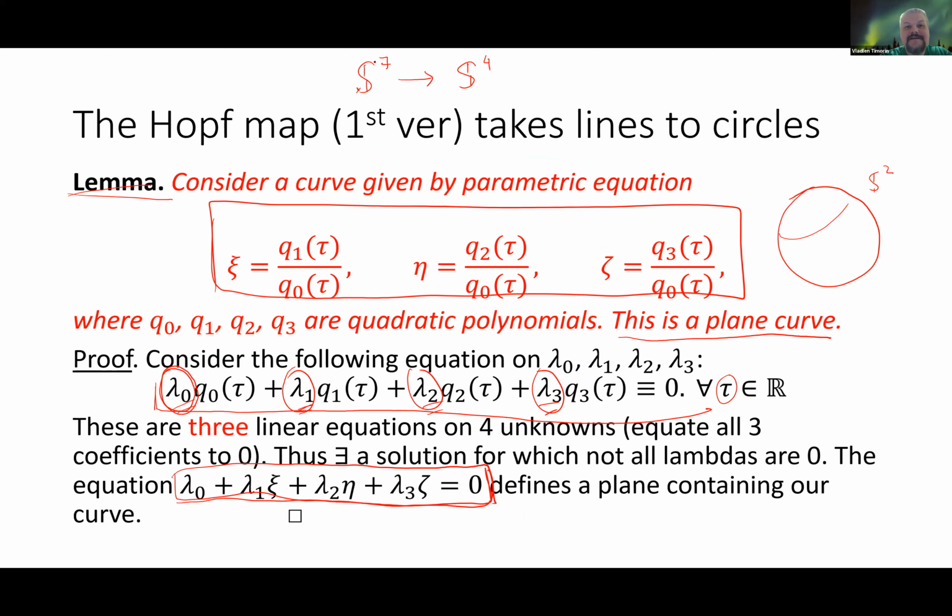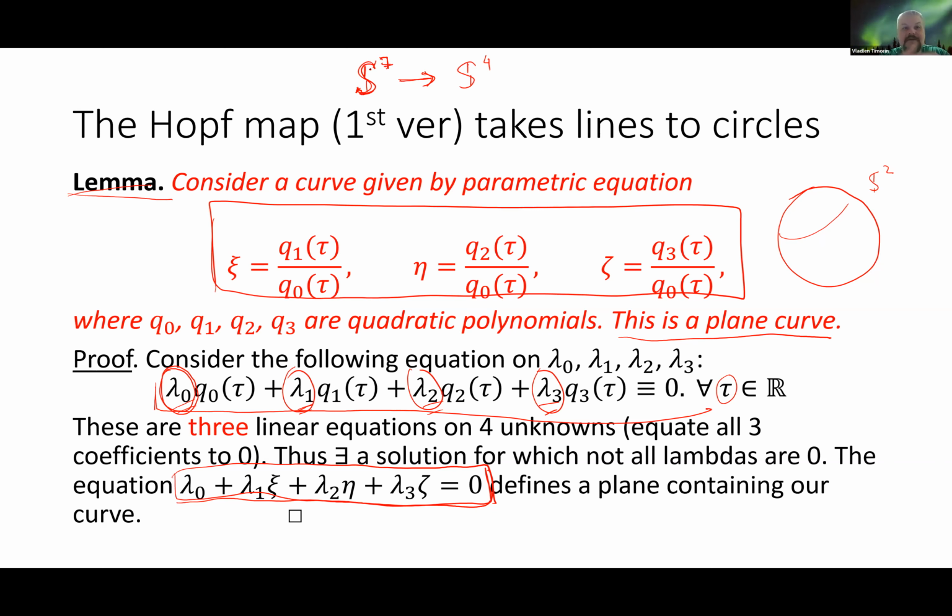Yes. So I will not comment on topological properties, but just to state an analog of the geometric property, you can also say that the Hopf map from S7 to S4 takes all lines to circles in the following sense. So instead of lines, you take great circles in S4 and in S7.